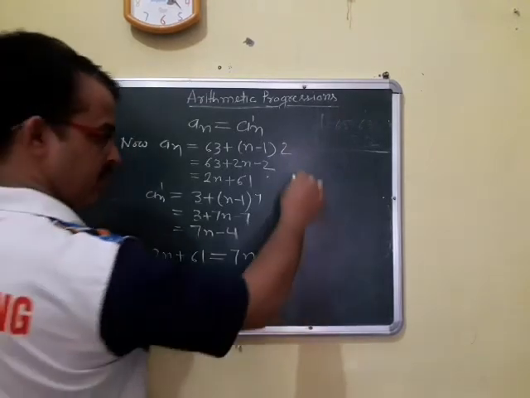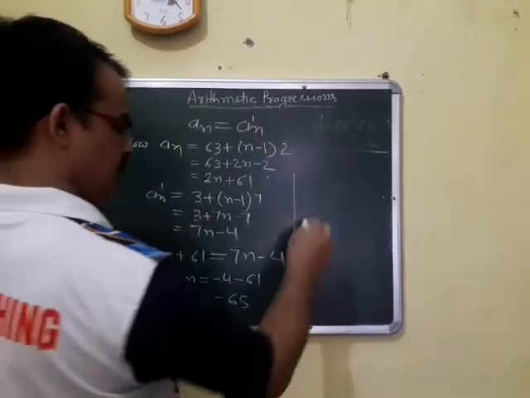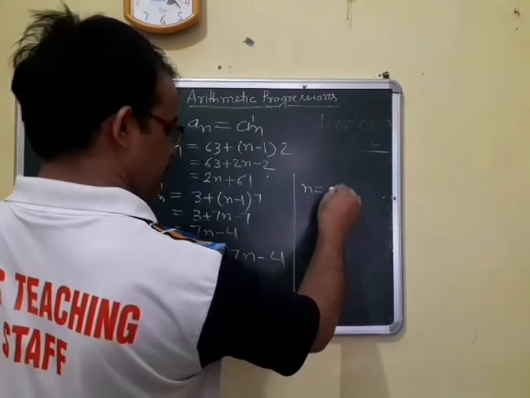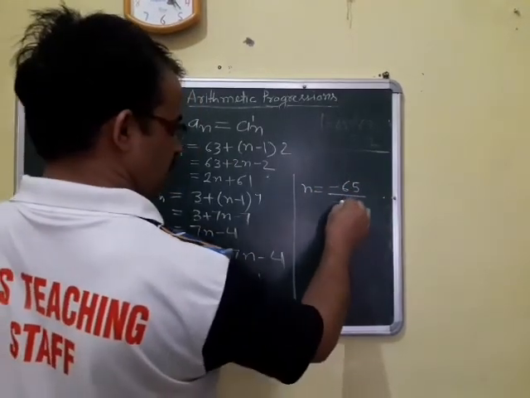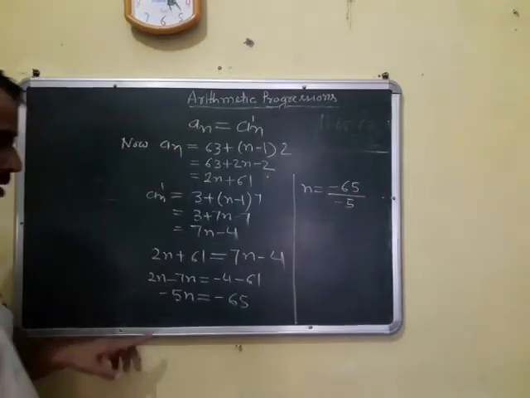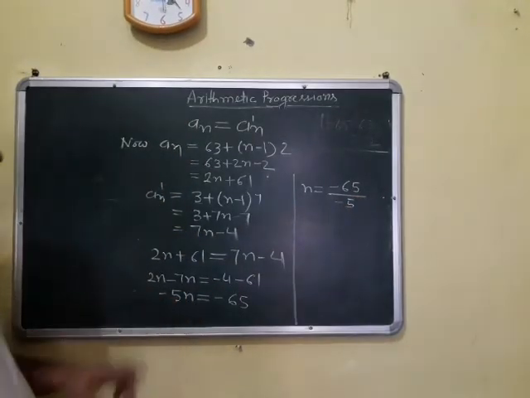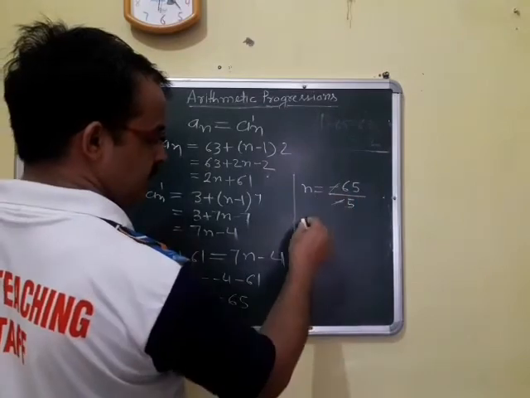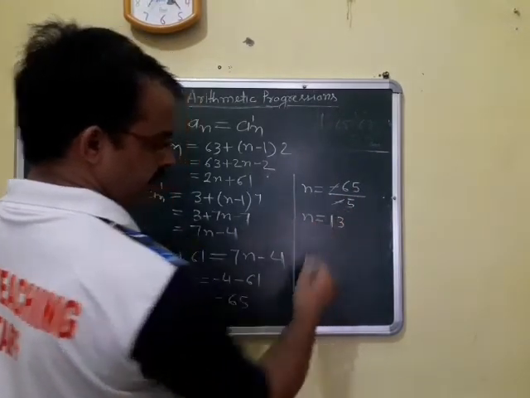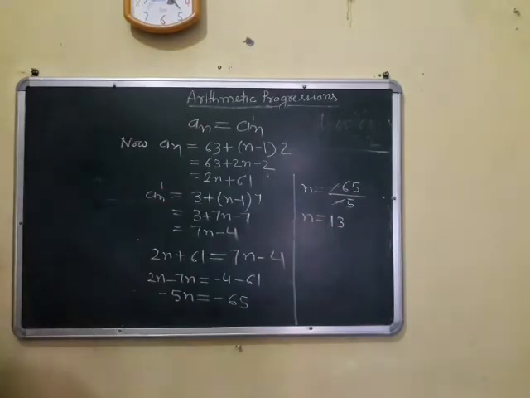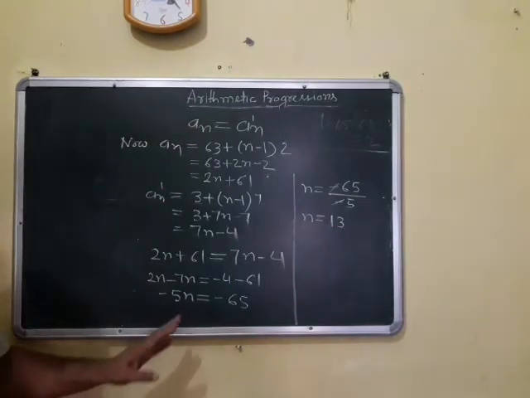So n is equal to minus 65 by minus 5. Clear? So minus cancel, n is equal to 13. N is equal to 13, clear?